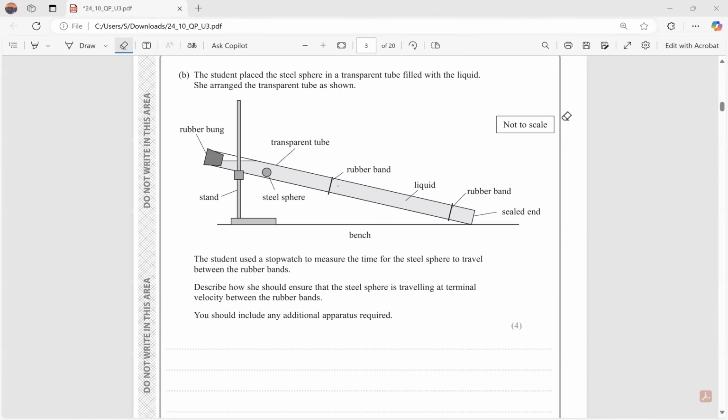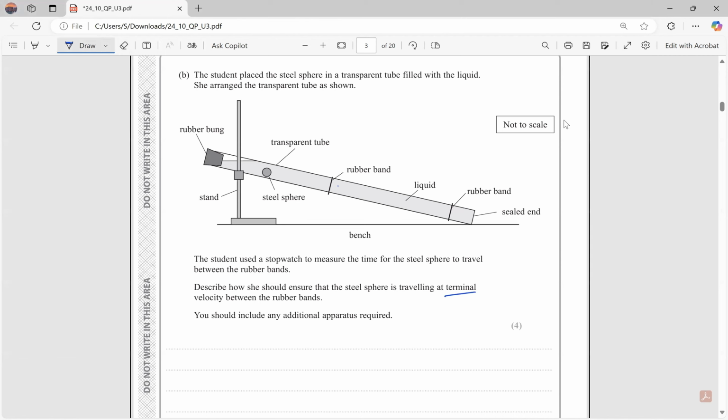All right, guys, so this question is about terminal velocity. First, what is terminal velocity? It is a constant velocity that is achieved when drag force is equal to weight.